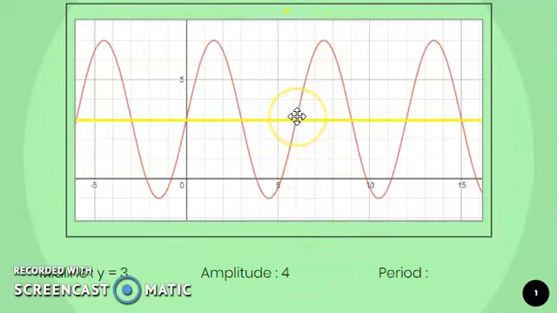Now we need to find the length of this period. We see that from this point, which has an x of 0, to this point, which has an x of 6, the length is 6, which means that our period is 6.